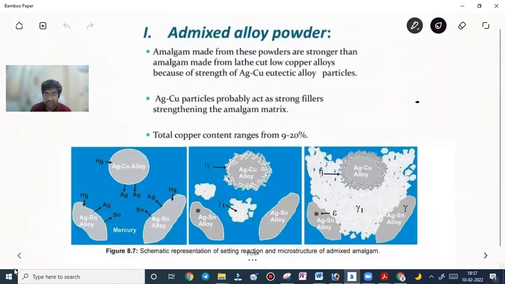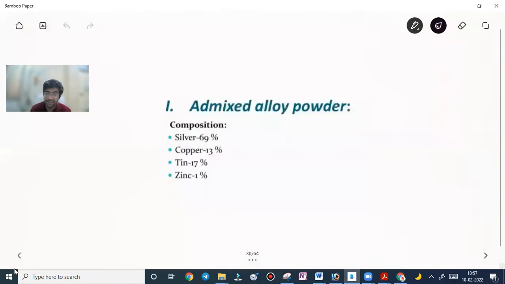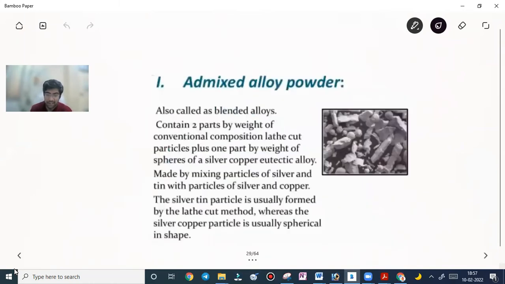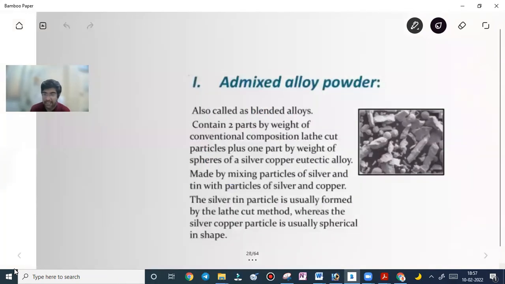Remember, the majority of amalgam restorations placed are of high copper. They are preferred because of their improved mechanical properties, their resistance to corrosion, and better marginal integrity.